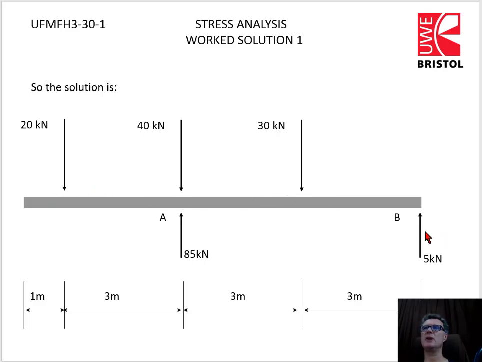Do a quick sanity check of your answer. Basically we're saying that there's a lot of force here, with all these forces pushing down on it, and there's just this little bit that needs to counterbalance it. You can imagine this would be like a plane or something like that: a lot of force at the wing, and then maybe a tail section at the end applying a little force far away.